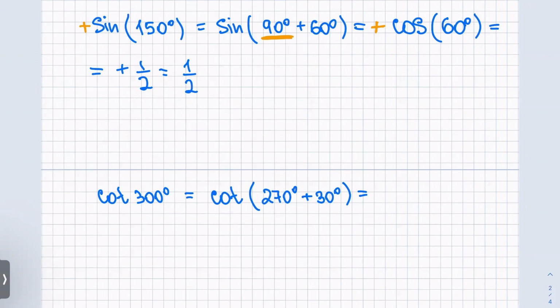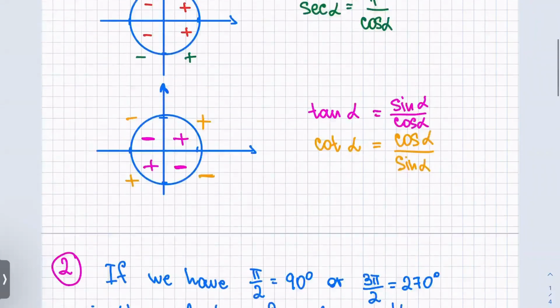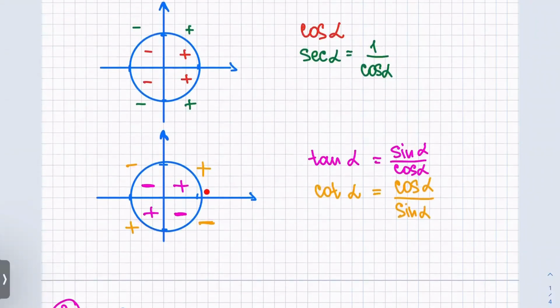So to do that, we again, dear students, take this cotangent of 300 degrees and go to the unit circle and look, where was that cotangent of 300 degrees? So we know that this is 90 degrees, this is 180, this is 270, and this is 360, the full circle.